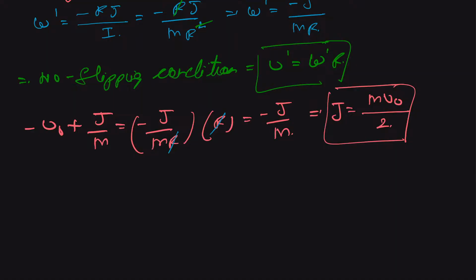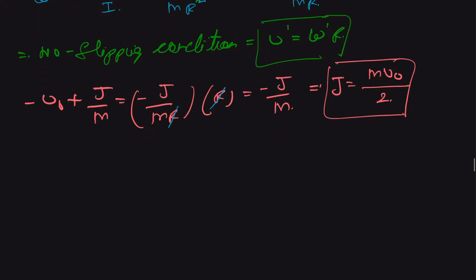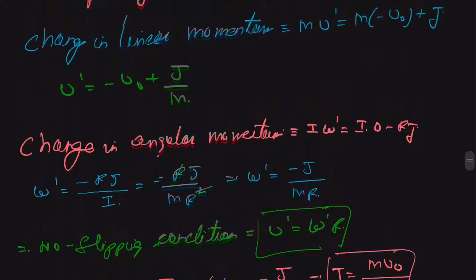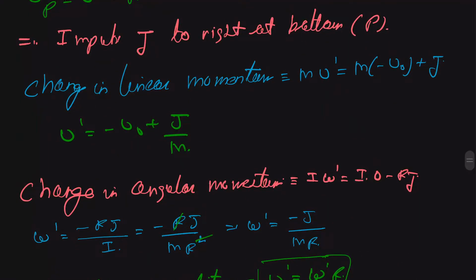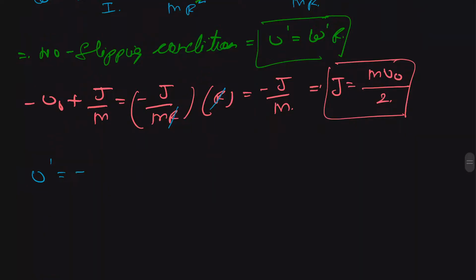Now we can find out our V prime also. So our V prime is minus V naught plus J upon M. So this comes as minus V naught plus J, which is M V naught upon 2.